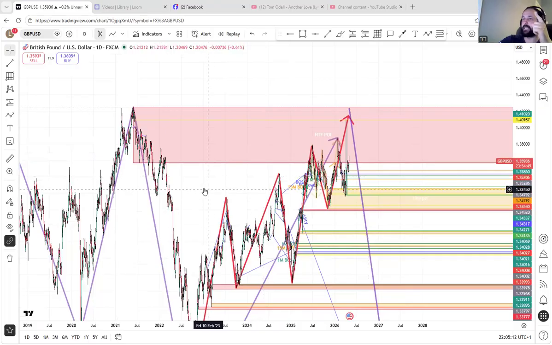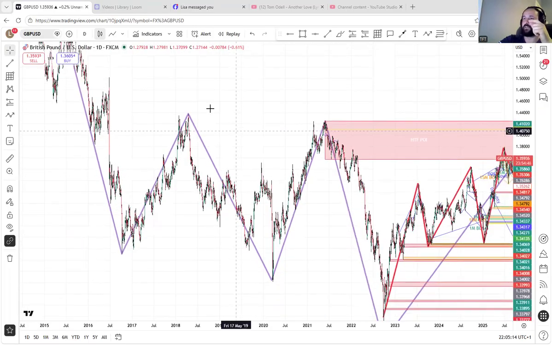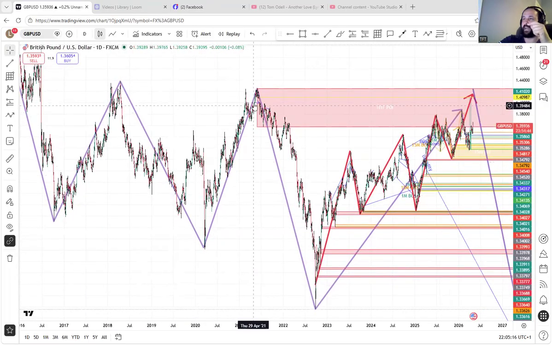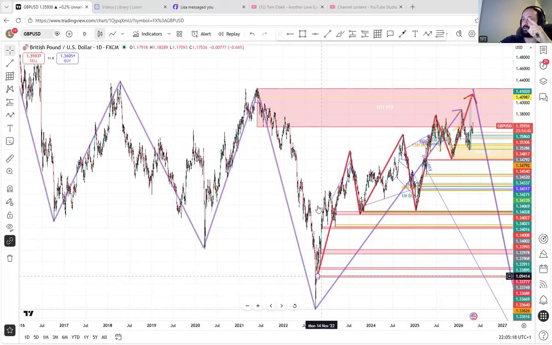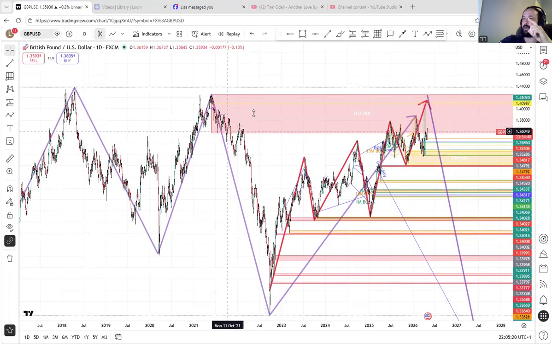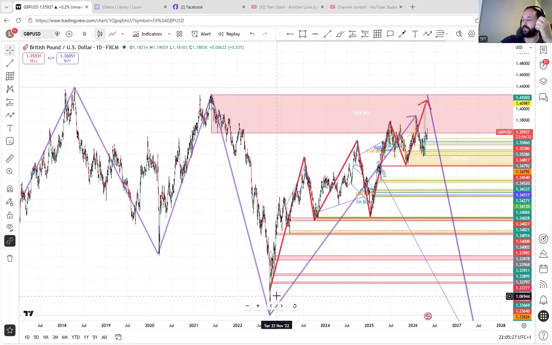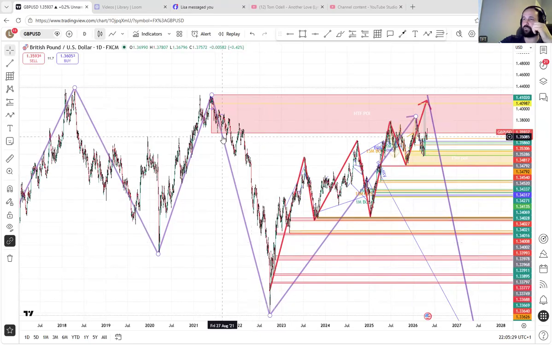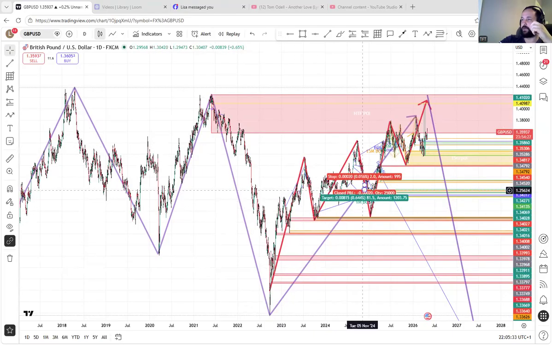Now we're going to get times where, if you look at this purple structure, we are heavily bearish, but we're in the top 15% of this purple structure. So we've got the red structure. That's the 4 hour.